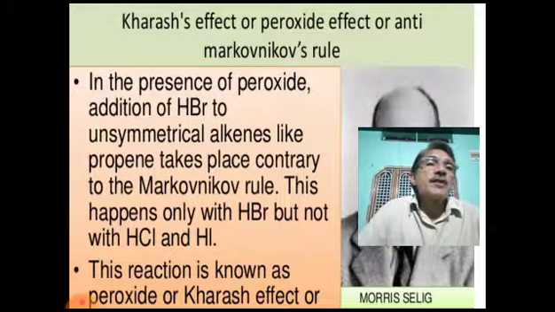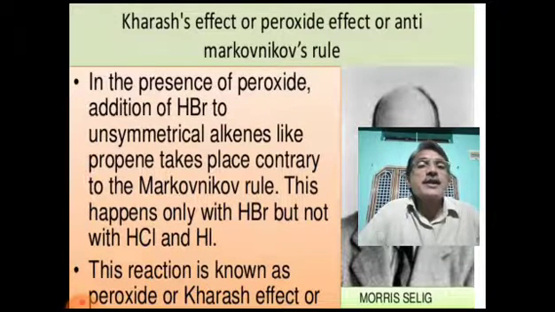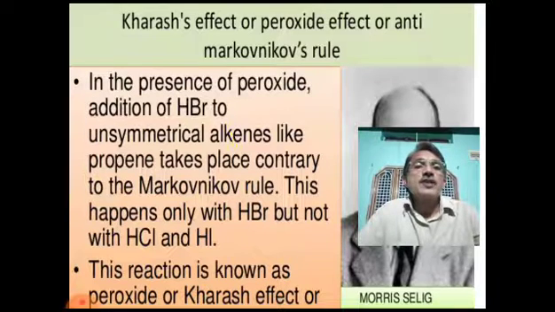Kharasch effect or peroxide effect or anti-Markovnikov's rule. In the presence of peroxide, addition of HBr to unsymmetrical alkenes like propene takes place contrary to the Markovnikov rule. This happens only with HBr but not with HCl and HI. This reaction is known as peroxide effect or Kharasch effect.